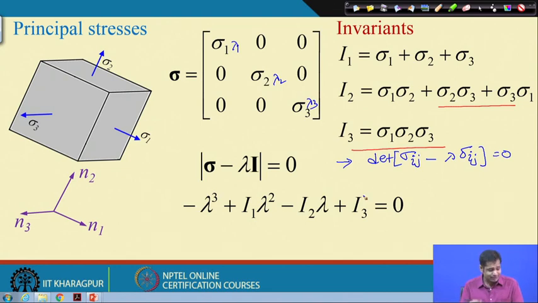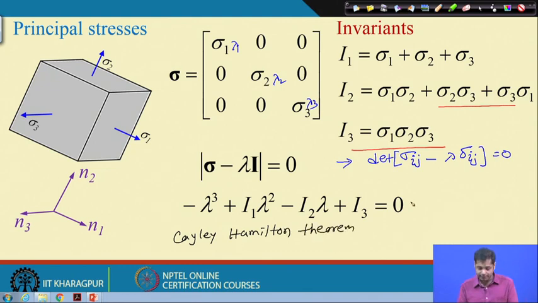Now, just for the completeness of the discussion, there is a theorem called the Cayley-Hamilton theorem, which says that if this is the characteristic equation, then sigma itself satisfies it: if you substitute sigma in place of lambda, sigma also satisfies this equation.